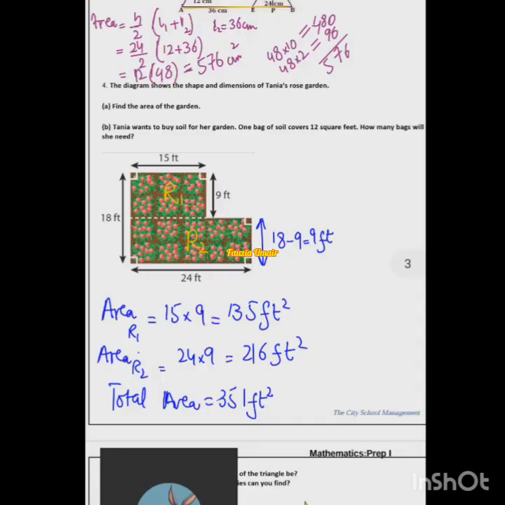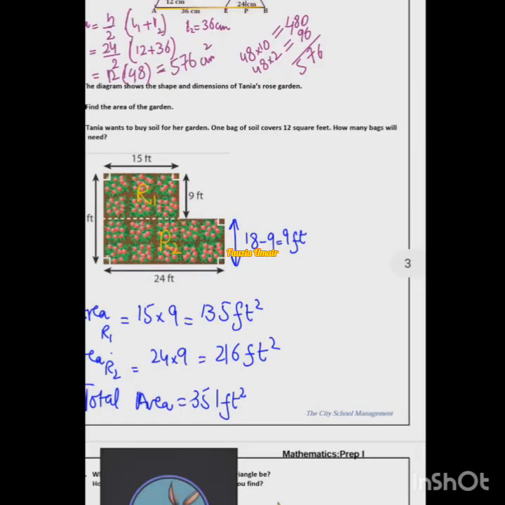So now how are we going to write it down? We will write 351 divided by 12, bags required, because they are asking how many bags you need. So you will divide 351 by 12.